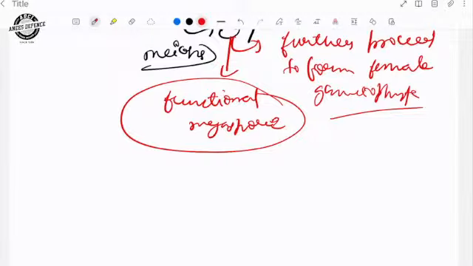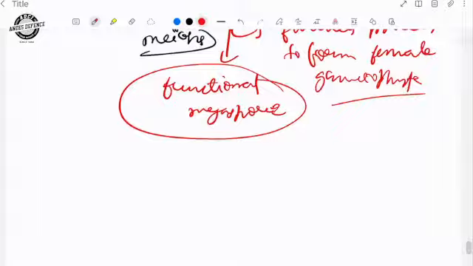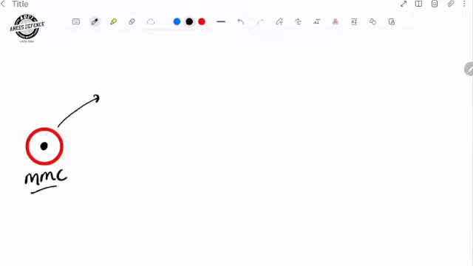How are we going to understand this? See, first the functional megaspore. This is the functional megaspore. Understood? Let us consider this as the nucleus. This is not functional. This is the MMC, megaspore mother cell.